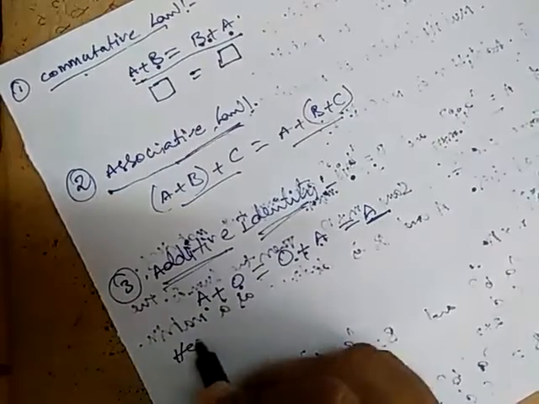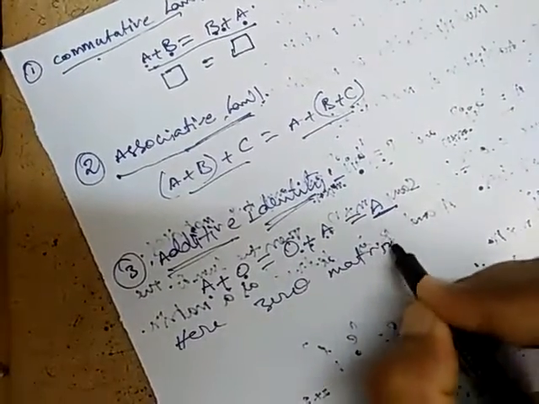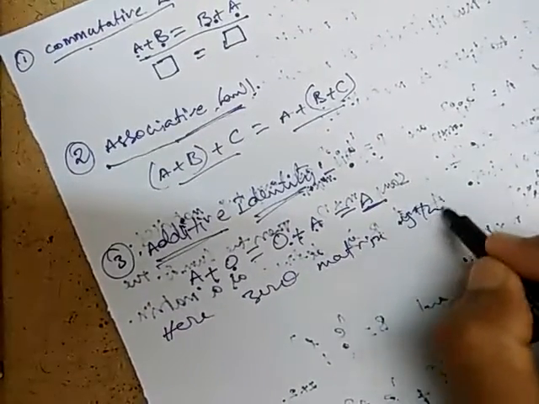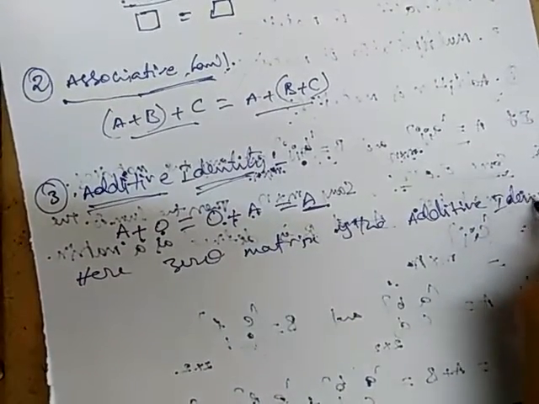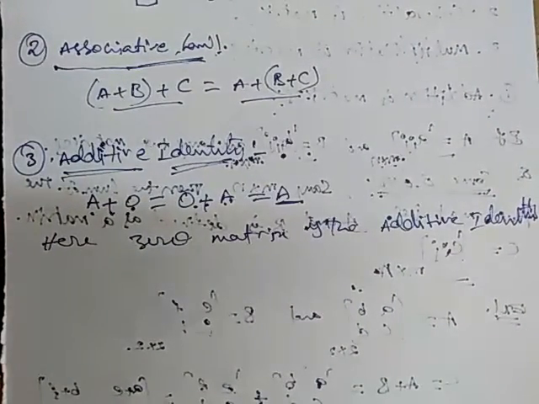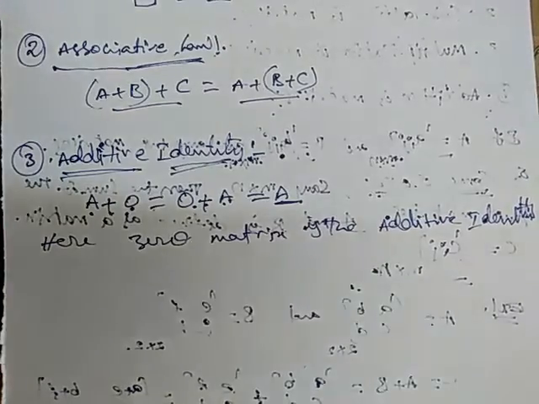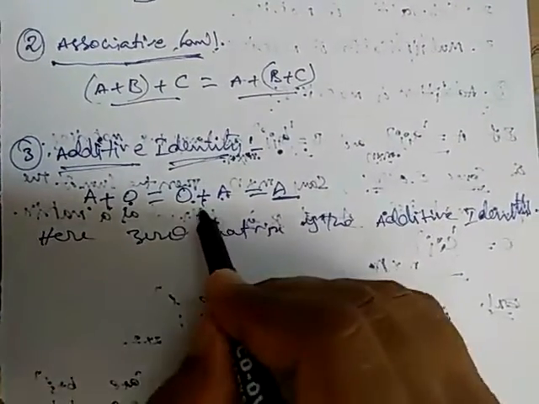So the 0 matrix is the additive identity for matrix addition.